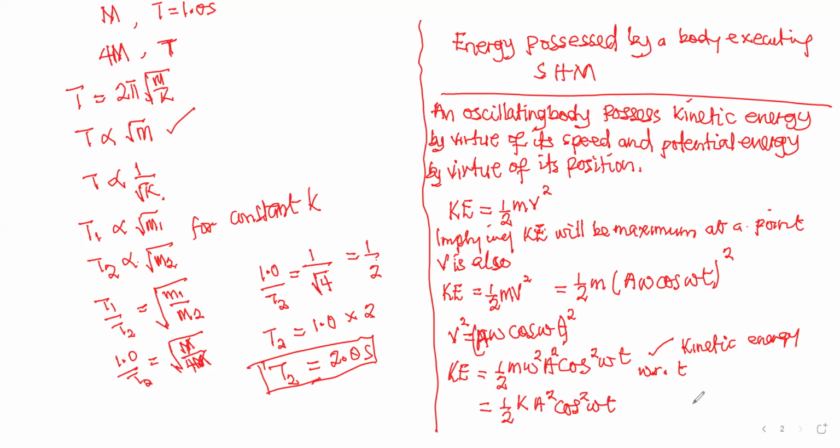This is because spring constant K is equal to m omega squared. So we are only replacing this part of it with K. Either you express it as this or this.